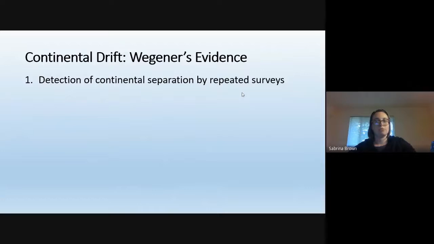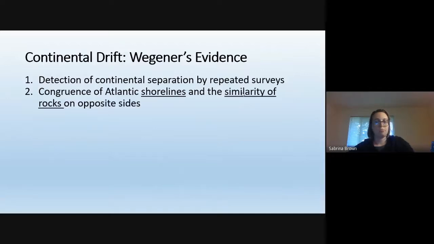So he was able to detect Greenland moving away from Europe with those early surveying methods. He noticed that the Atlantic shorelines appear similar. So Africa and South America look like they fit together. And not only do they look like they fit together, they also have similar rocks on both of those continents.